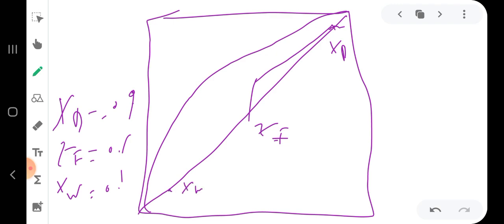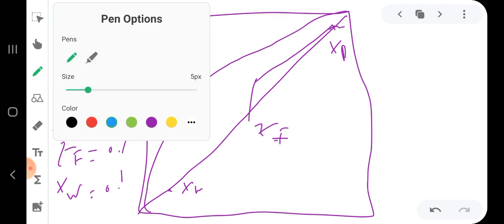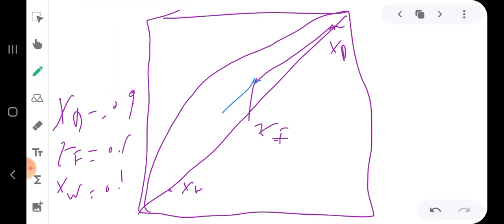In the previous video, when we had the reboiler, what we did was just connect this point to xW on the 45-degree line, right? The difference is that instead of connecting to here, we go down to the x-axis and then connect like this until we reach the x-axis at xW of 0.1.